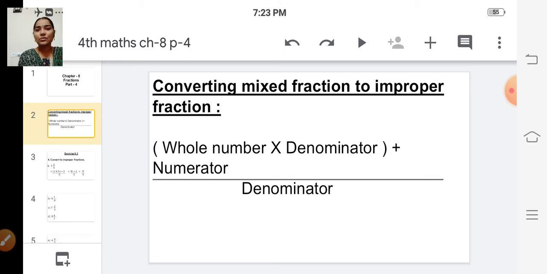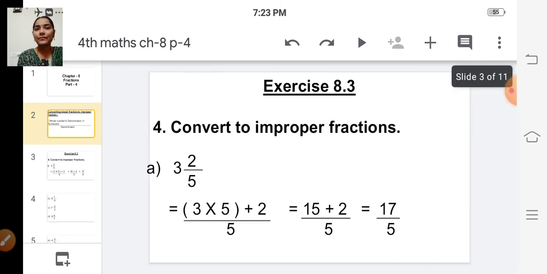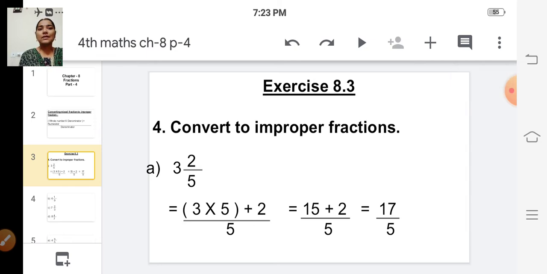So shall we do some problems? Exercise 8.3, fourth problem, convert to improper fractions. They have given mixed fractions and we are going to convert that mixed fraction into improper fractions. So what is the formula?